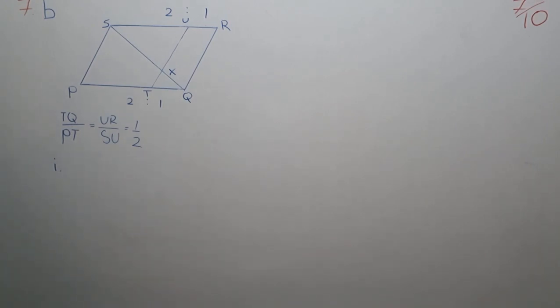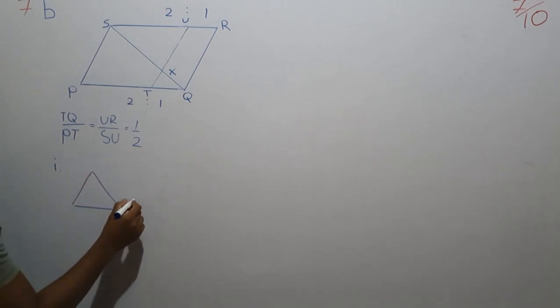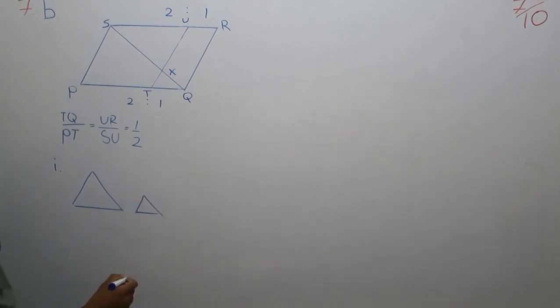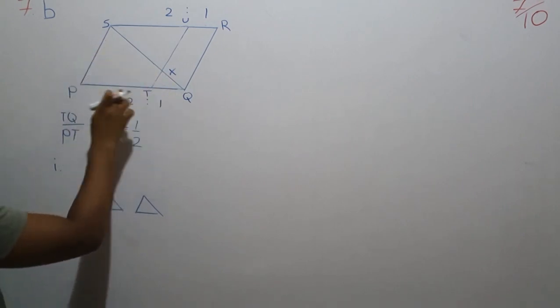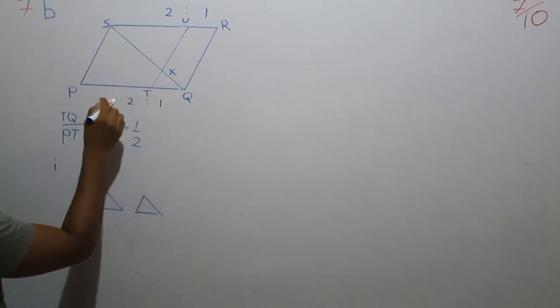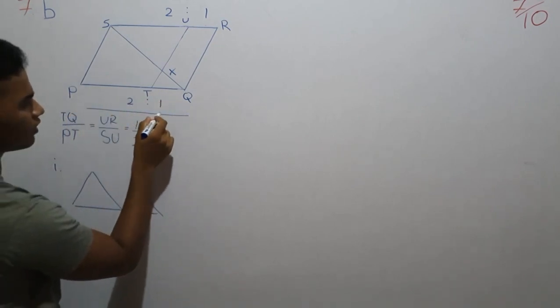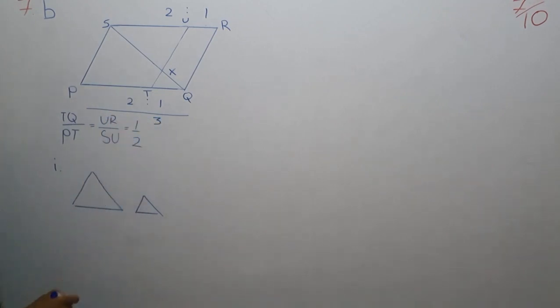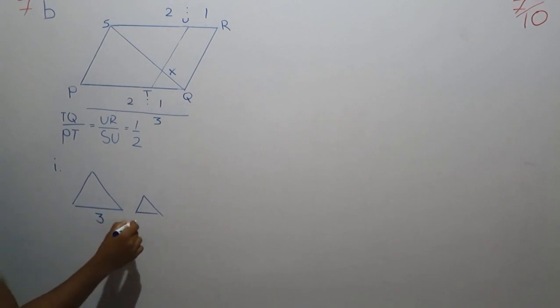So we should make this angle equal to this. So what is this whole SQP? The whole, now this is 2:3. So what is the total of this? The QP length is 3 and QT length is 1. So this is 3 and this is 1.